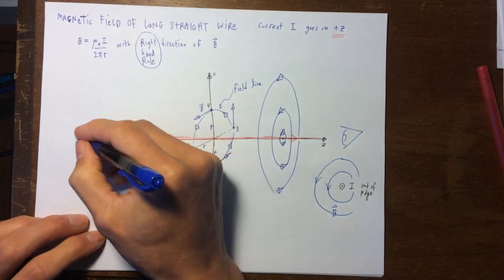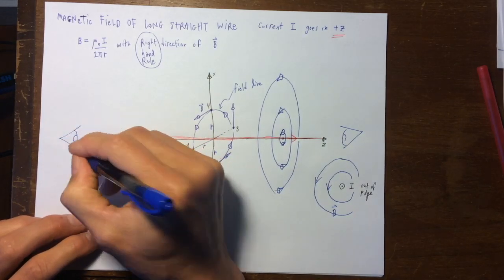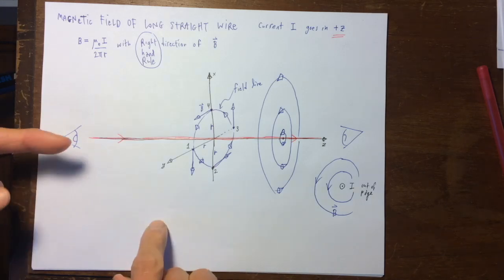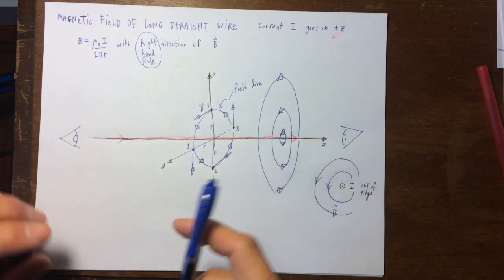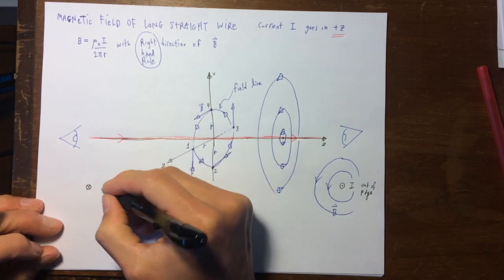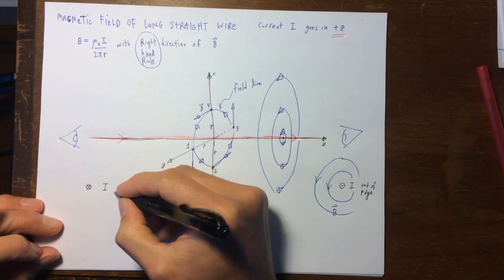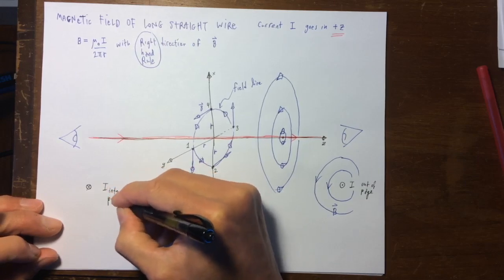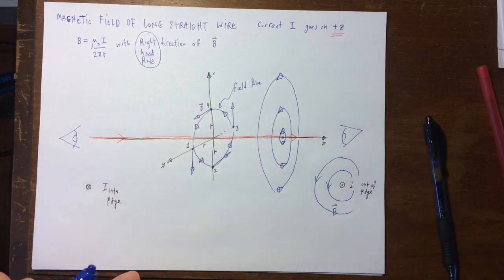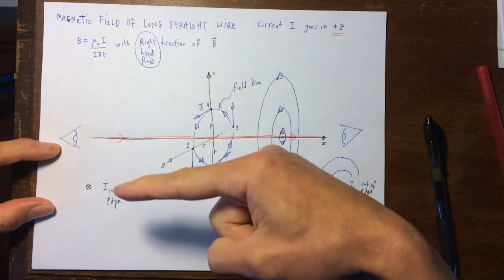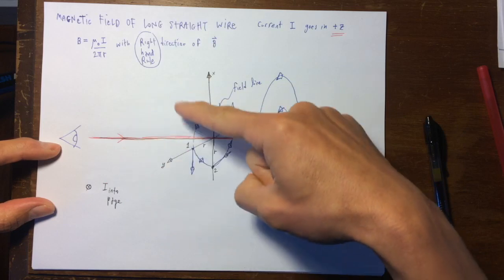And then if you were to imagine the point of view of a person looking down such that the current is headed away from them, it looks like this. So the current is into the page. This person's point of view is just like looking at a clock.